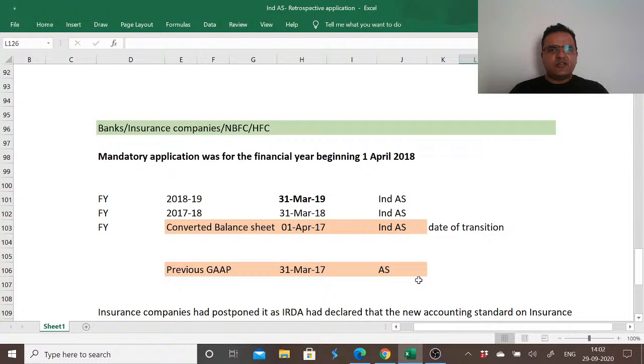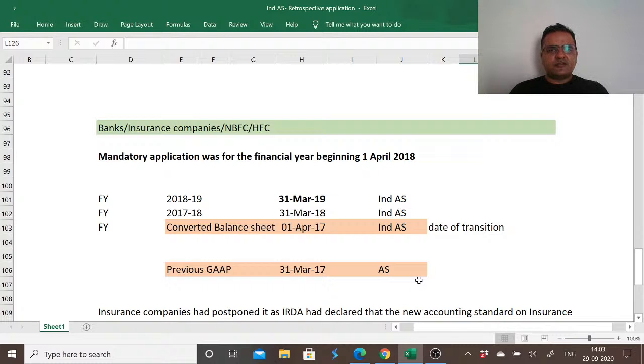For the first time, CA final students are also studying Ind AS. They were supposed to be tested in May 2020, but due to the postponement in exams, November 2020 will see the first mandatory testing of Ind AS, which also gives me an opportunity to share my insights on Ind AS with aspiring chartered accountants.